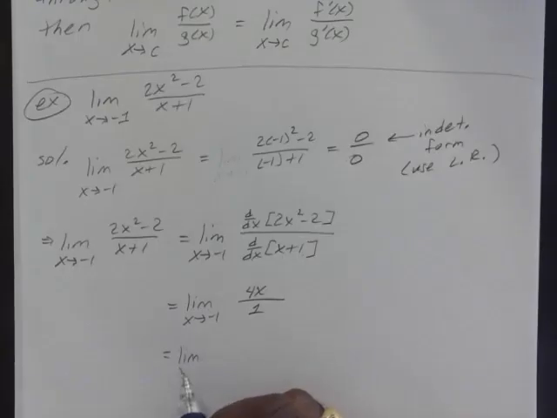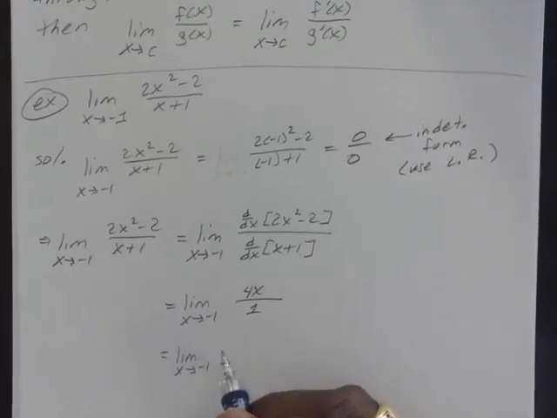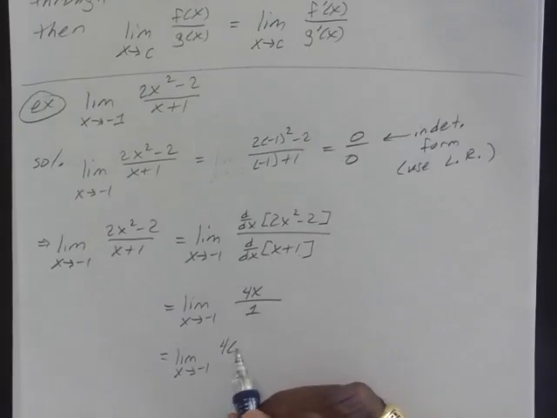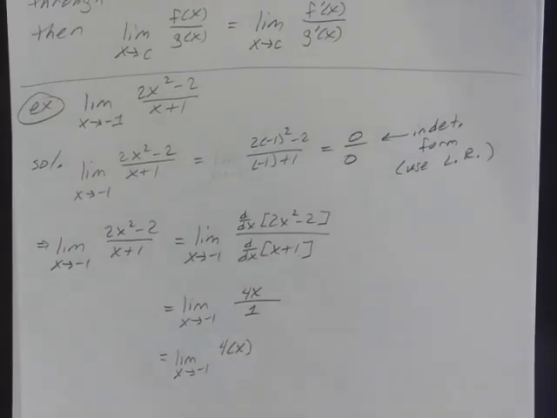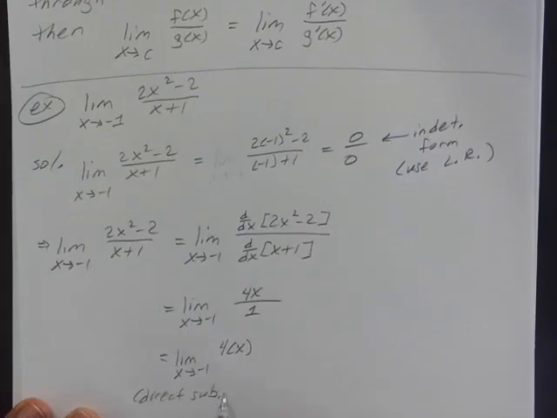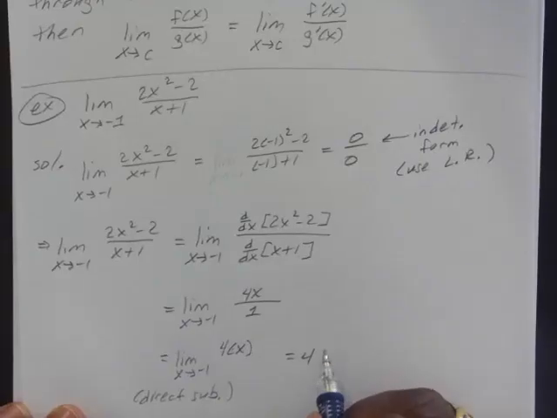So we know the limit as x approaches -1 is just 4 times x. So now we apply direct substitution again. And as long as you don't have another indeterminate form, you can just plug it right in. So that's just 4 times -1, which is -4.